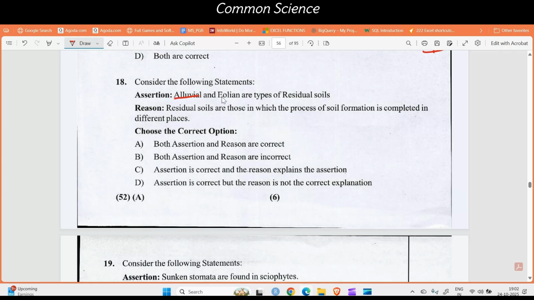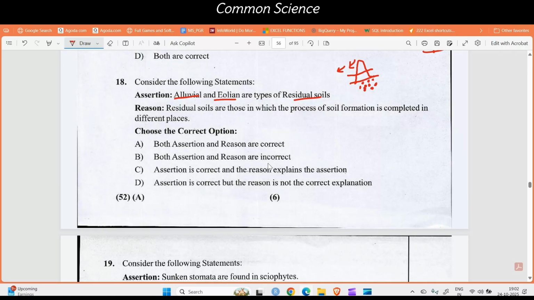Alluvial soils and aeolian soils are types of residual soils. No, they are not residual soils, because residual soils are formed at the base of the parent rock itself. They are the residues which remain: suppose this is a rock, it gets weathered. Weathering takes away these materials, and the weathering reaches the bottom of it, and the remains here, the residual, form the soil which is called the residual soil.